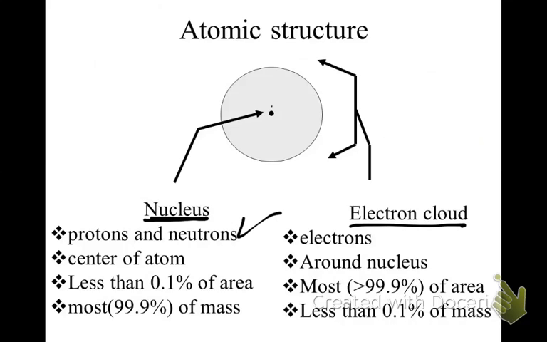Now, it's interesting to note that the protons and neutrons carry almost all the mass of the entire atom, like 99.99% of the mass. So all the mass is in a little tiny pinpoint in the middle, and a tiny, tiny amount of mass is from the electrons floating around on the outside. Atoms are mainly pure space, believe it or not.